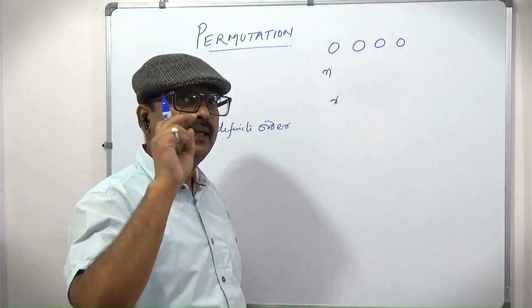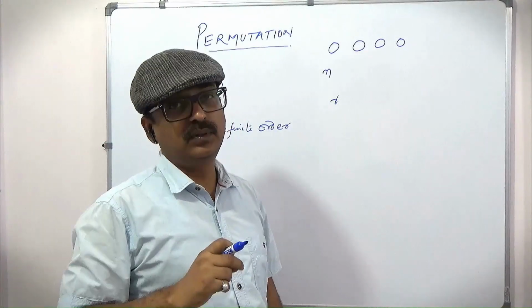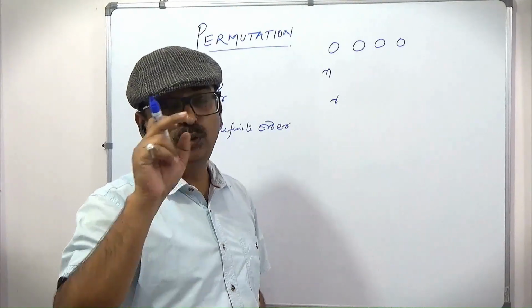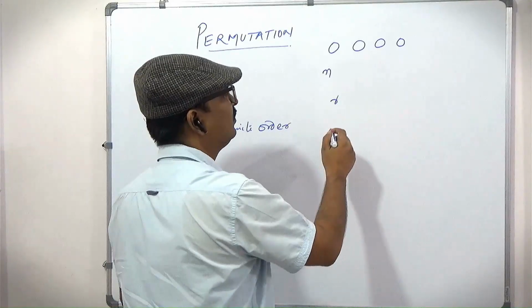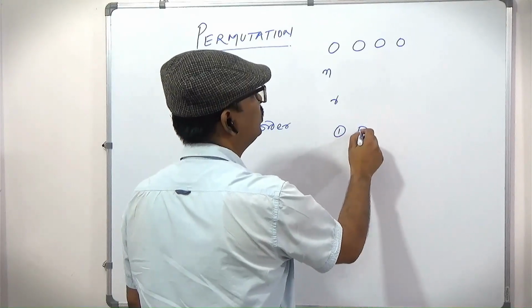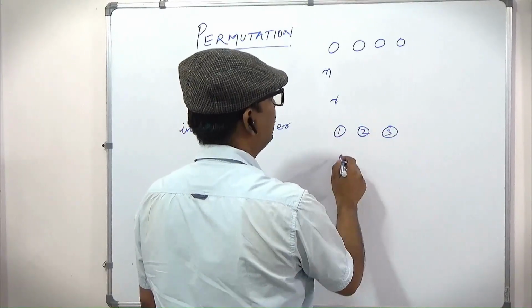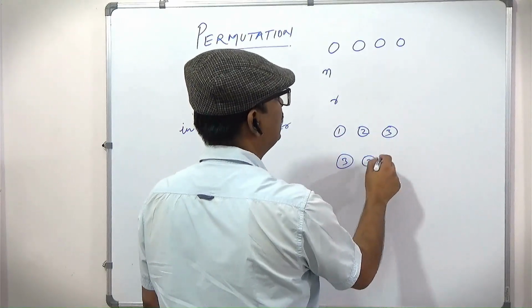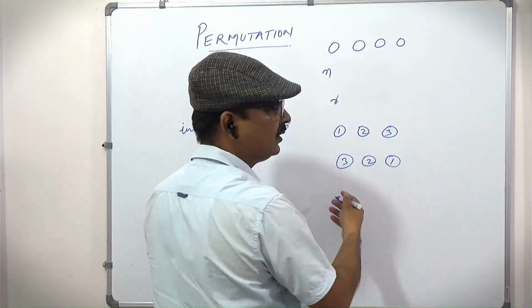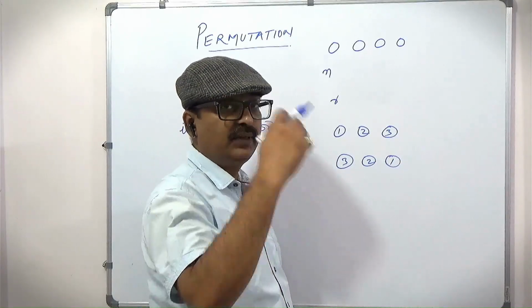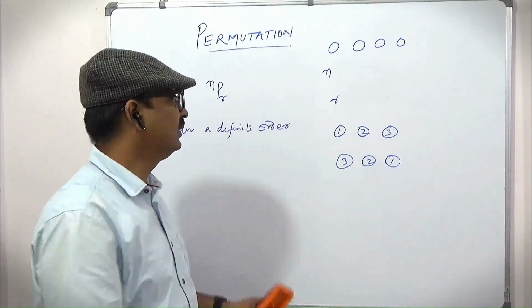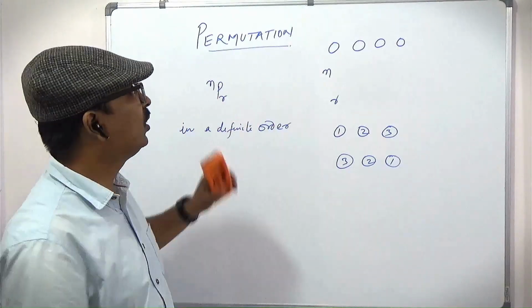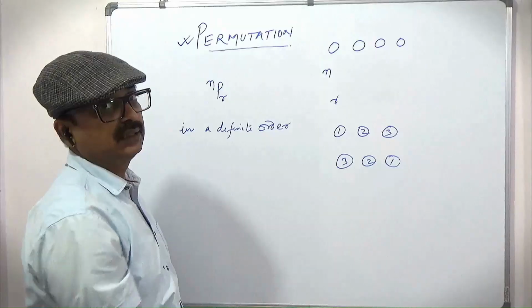But if digits are written on the balls, like in billiards, 1, 2, 3, 4, then we have order. We can have, let's say, 1, 2, 3, or we can have 3, 2, 1, or so many numbers. If we have 100 balls, these numbers can go up to 100. So when taken in a definite order, it's called permutation.